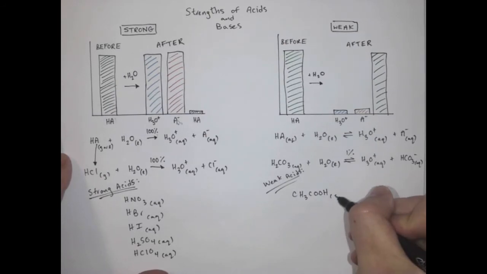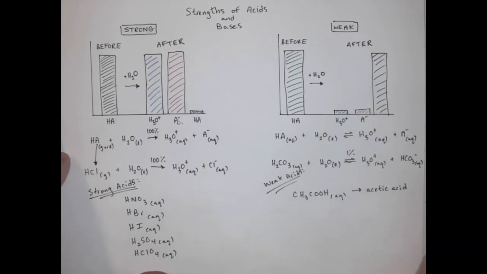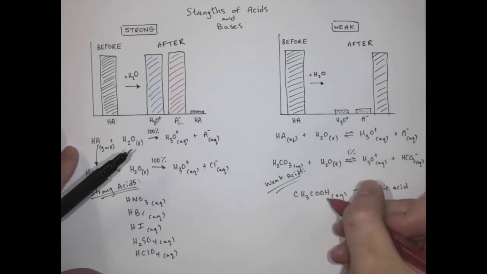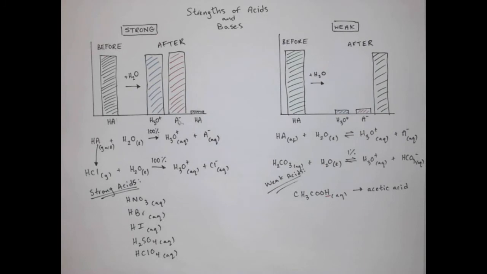This one is known as acetic acid. That's the acid that's part of vinegar, and it gives up that proton there. It's a very weak acid.